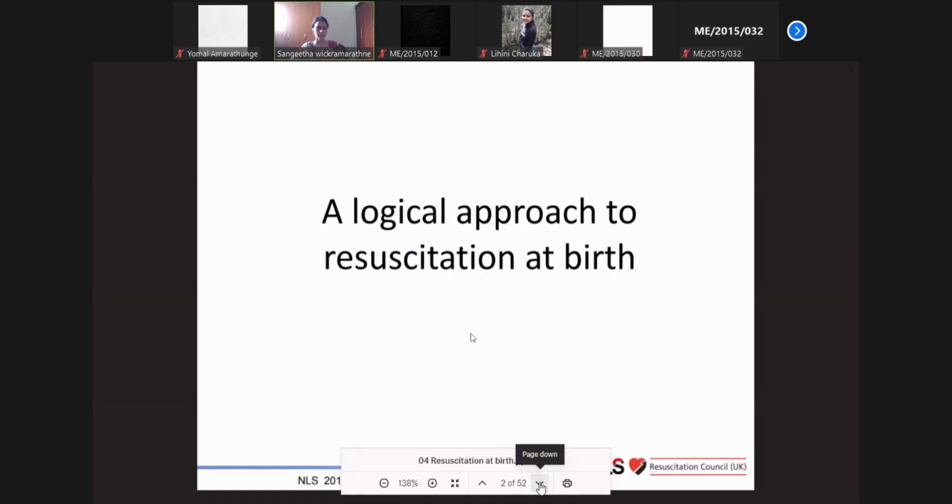Yes, good, right? So in adults, the arrest is mainly cardiac in origin and you have to start with cardiac compressions, right? So if you see an adult collapse by the roadside, you always start with chest compressions first. But compared to that, in babies the arrest is mainly respiratory in origin.